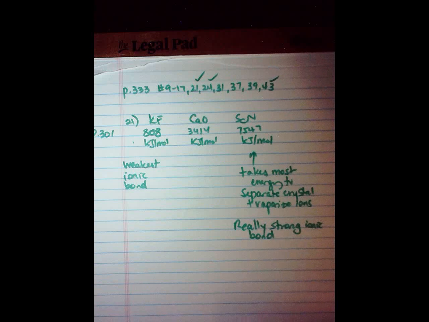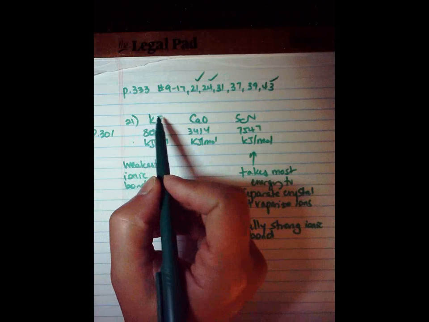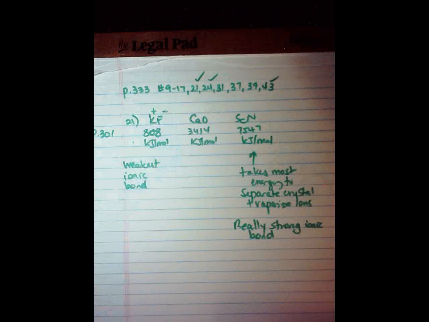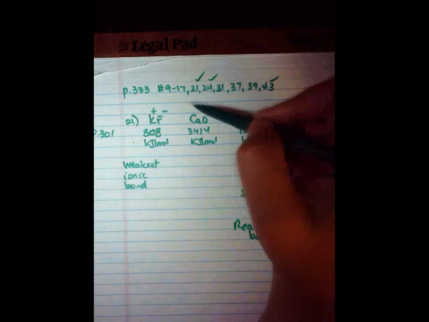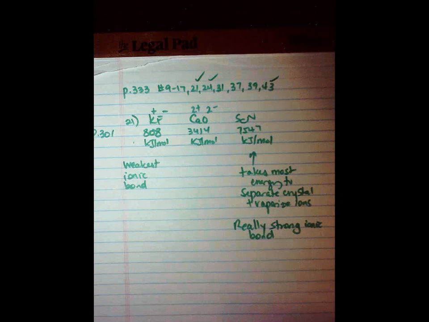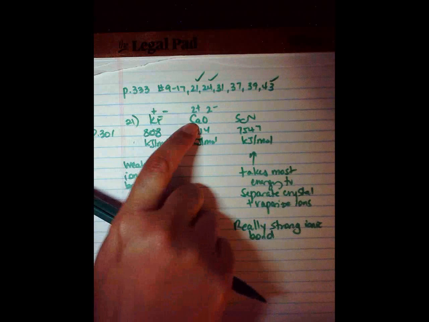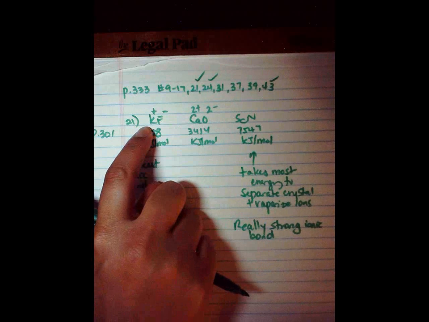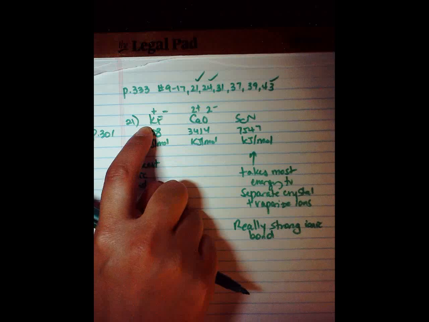All right, so let's take a look at the charges of these things. What's the charge of potassium and fluorine? +1 and -1. What about calcium and oxygen? 2+ and 2-. And if we think about where these things are, are potassium and calcium in the same row of the periodic table? They have about the same radius because they're right next to each other.